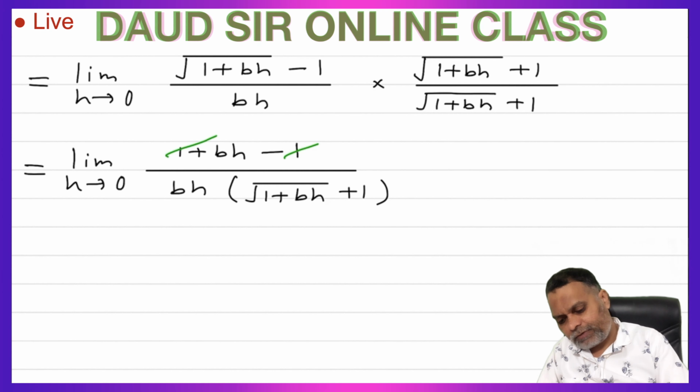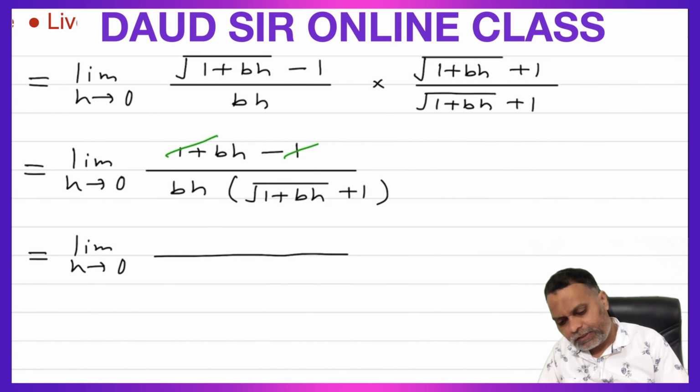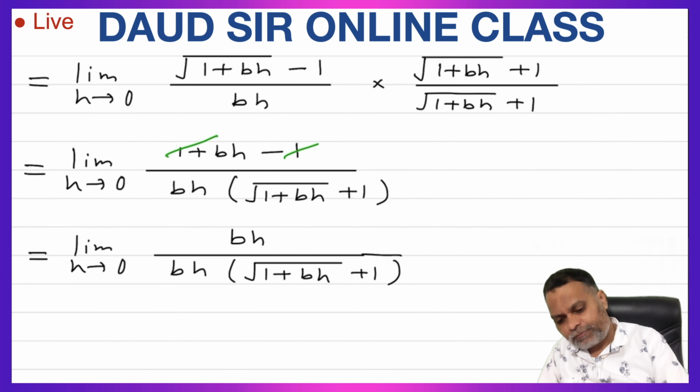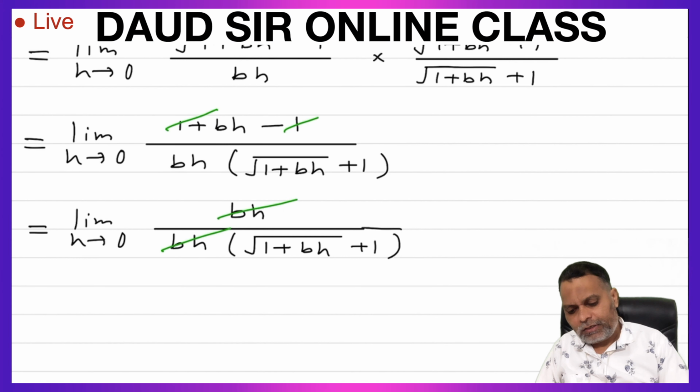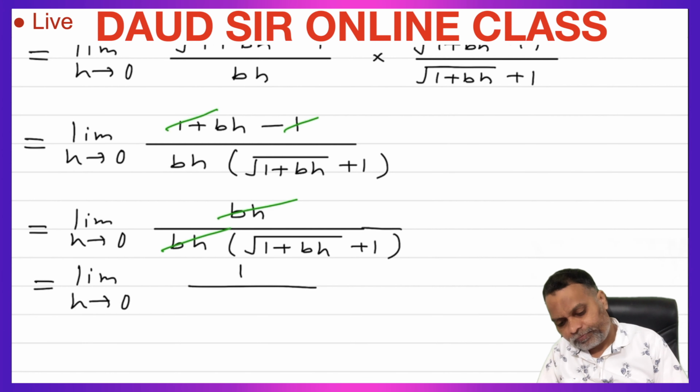This minus 1 plus 1 gets cancelled, which is equal to limit h tends to 0 of bh upon bh into under root 1 plus bh plus 1. This bh cancelled, which is equal to limit h tends to 0 of 1 upon under root 1 plus bh plus 1.